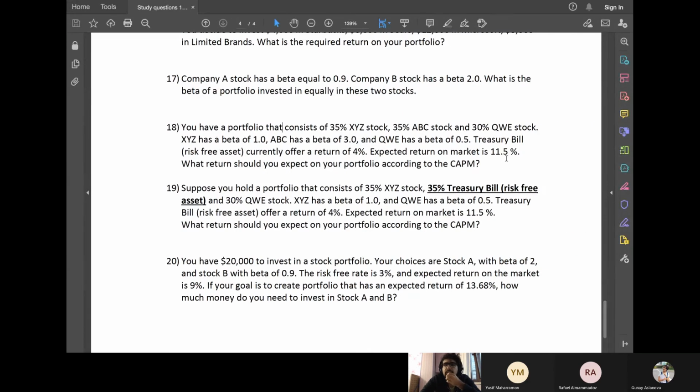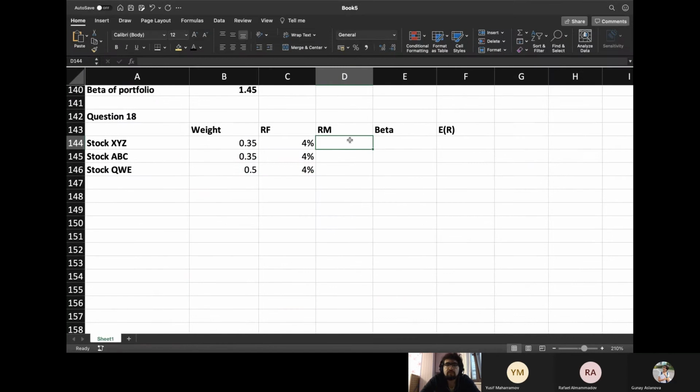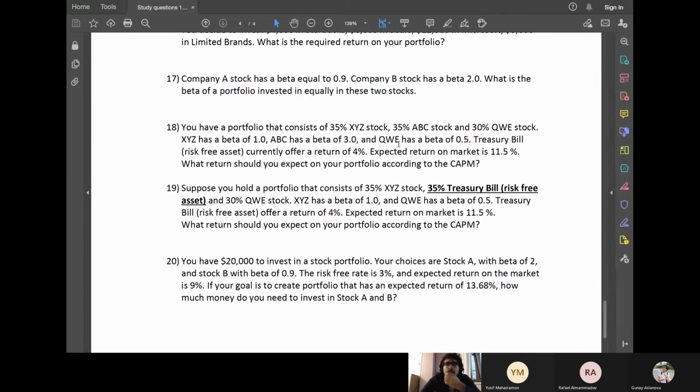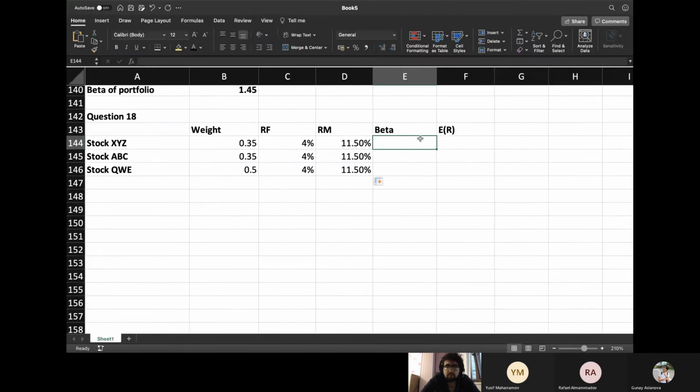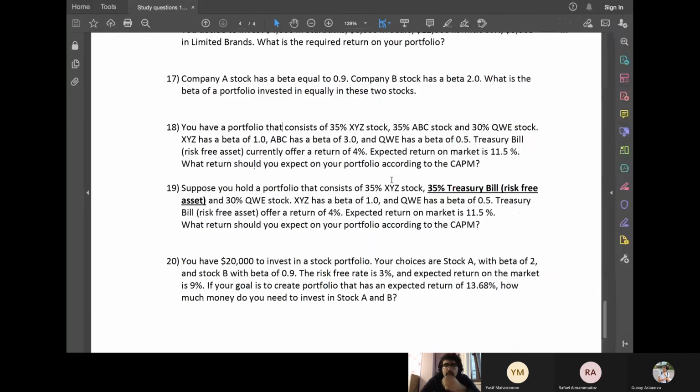Expected return on market is 11.5%. Betas are 1, 3, and 0.5. We should find the expected return on the portfolio.